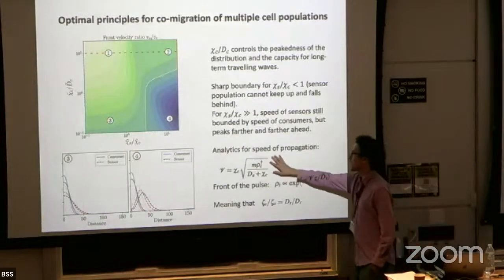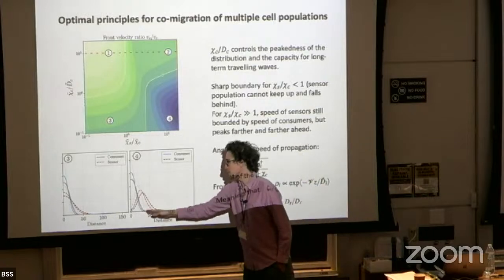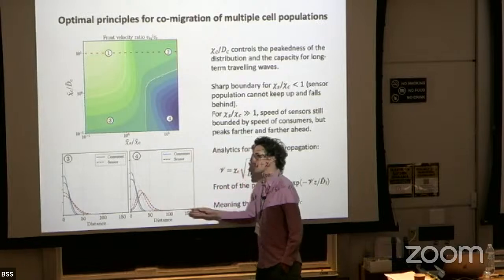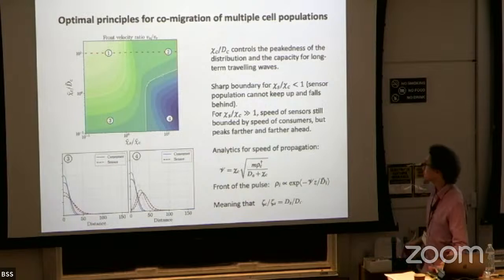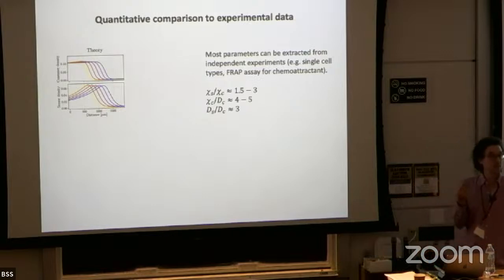For instance, you can derive some analytics for the velocity. These pulses are all exponential, and the decay function of this exponential tells you something about the diffusion coefficient. The cool thing about this is that we can extract almost all of the parameters independently.